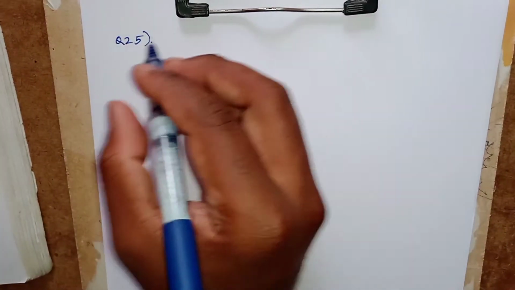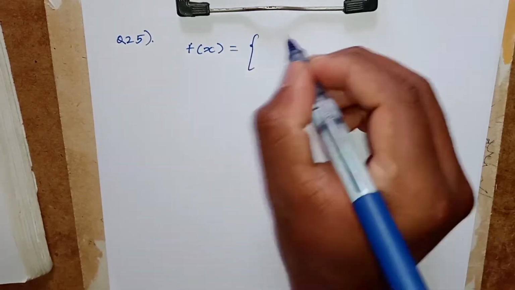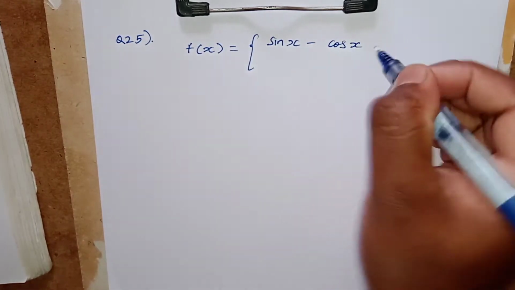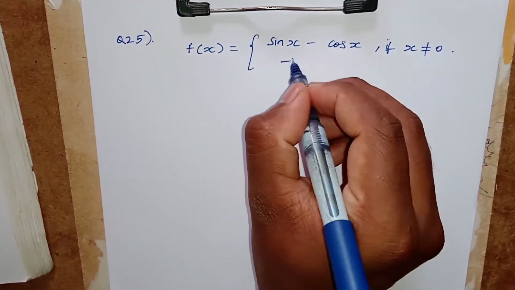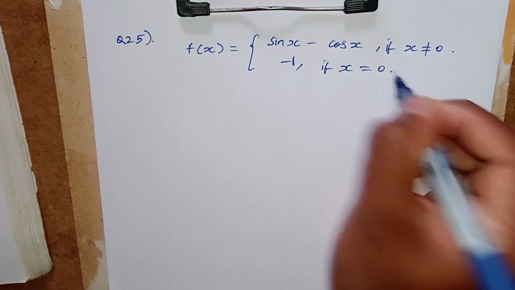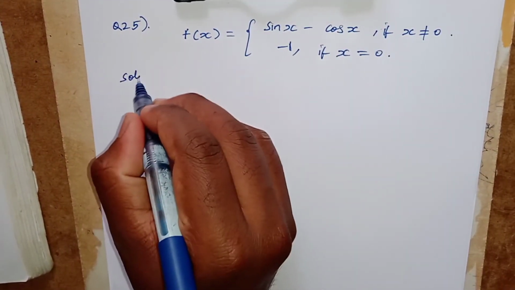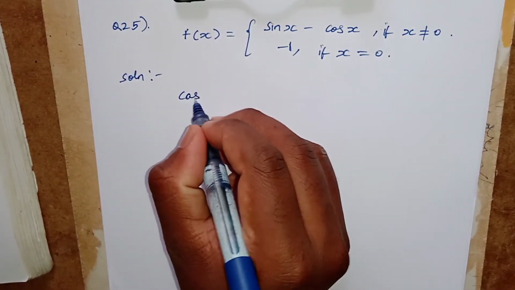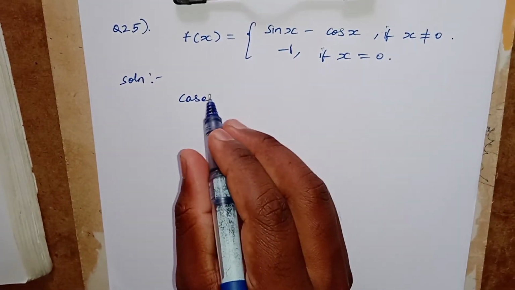Question number 25. Here my function is f of x equals sin x minus cos x if x is not equal to 0, and similarly minus 1 if x is equal to 0. Now we have to take cases for checking whether the function is continuous or not.